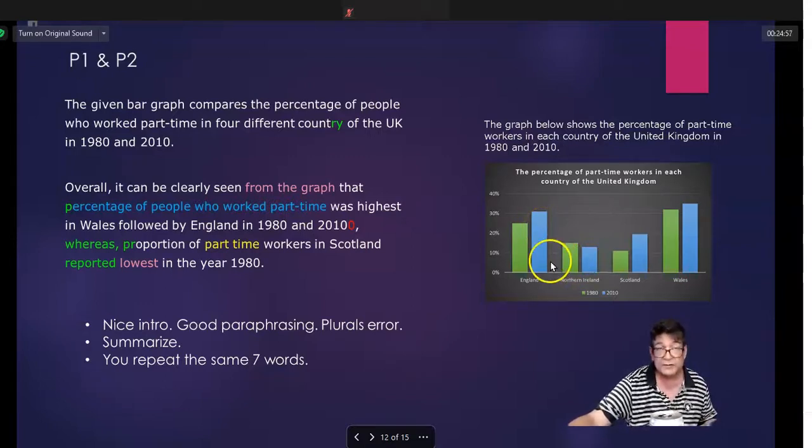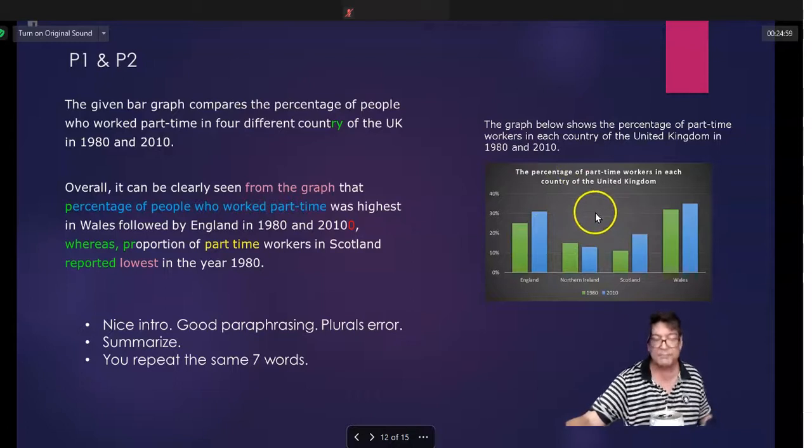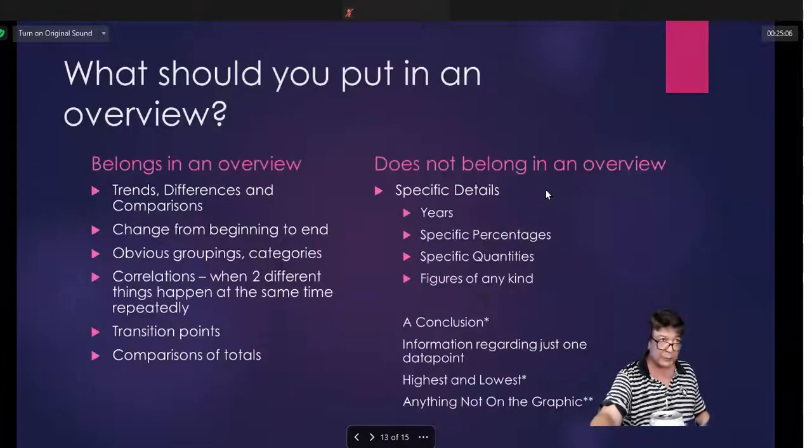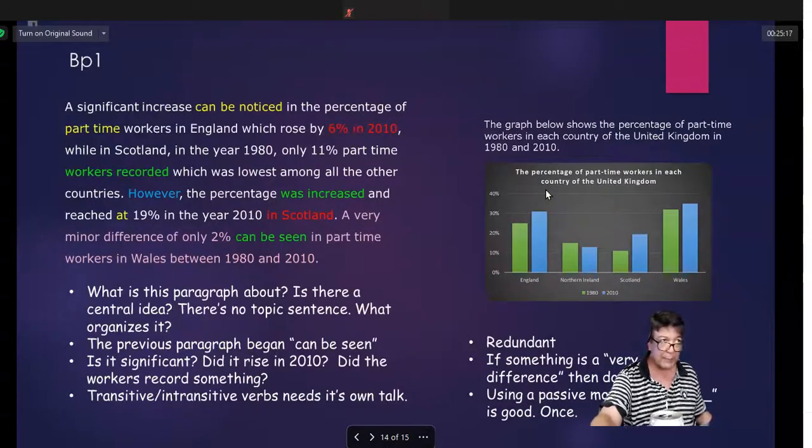All except for one. So another thing you could do, that would touch on what we said already, is say that overall, the beginning and the end. Yeah. Groupings, categories, no. Correlations. But we do have some specific details in there, like years. That's a detail.